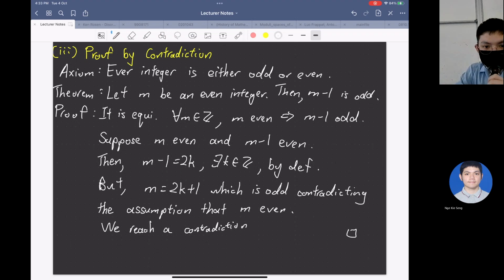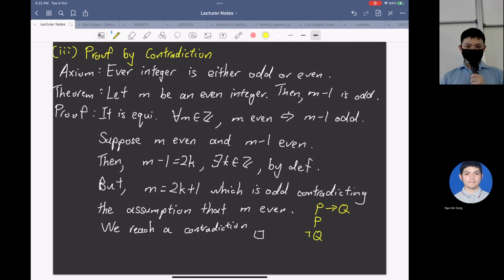So what's the logic behind here? First of all, you start with a P implies Q statement, and then you assume P. Okay, you assume P. You also assume not Q. But you get not P. Is this what we are doing?